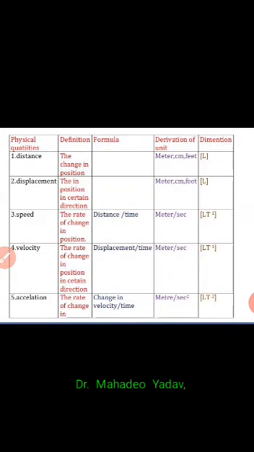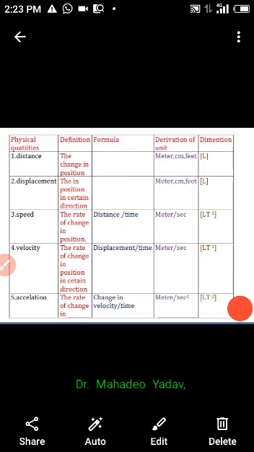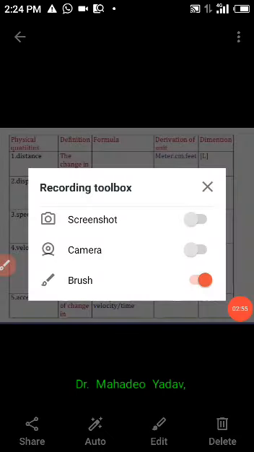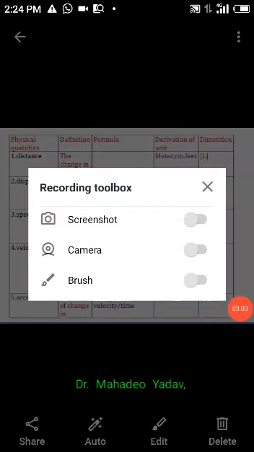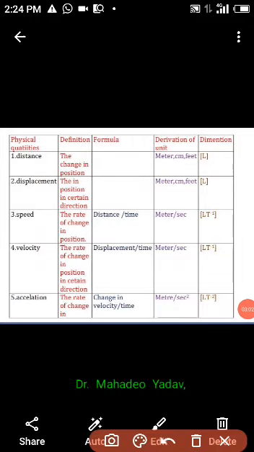We see the dimension of distance is L because it is length. Displacement is also length but in a certain direction, L. Dimension of speed is LT inverse, dimension of velocity is LT inverse also.